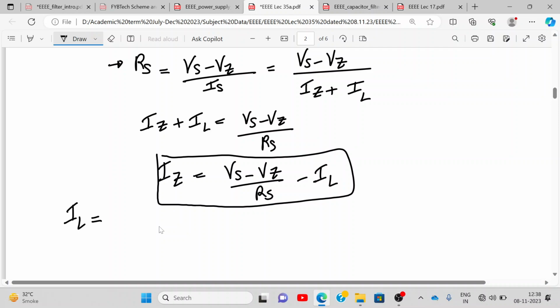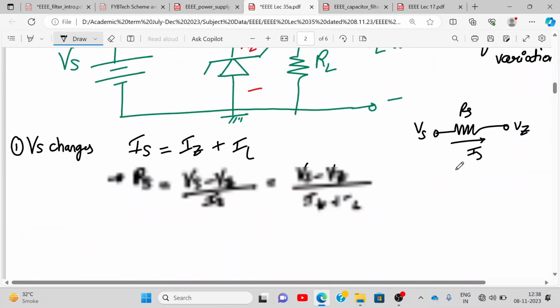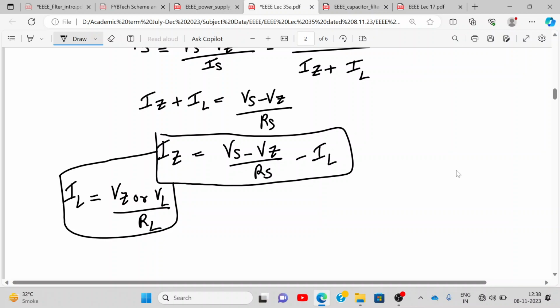What is load current given by? See, this Vz voltage, VL voltage and Vout voltage are all the same. They are connected in parallel, right? So load current is Vz or VL upon RL. Do you agree to this? Only with the help of these two equations we can explain the entire Zener as a voltage regulator circuit.